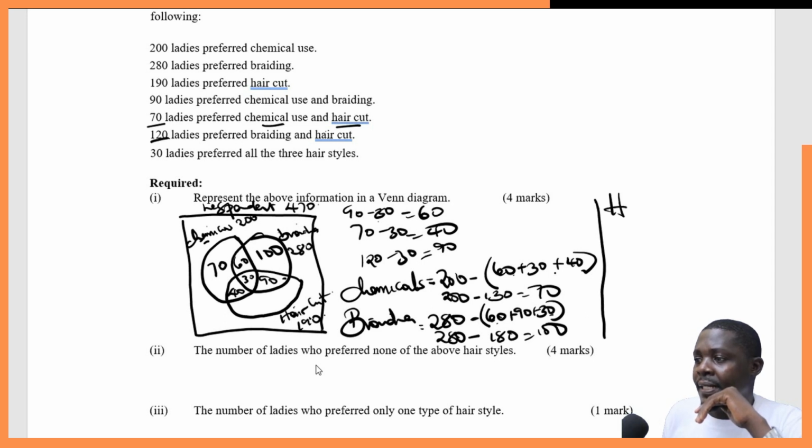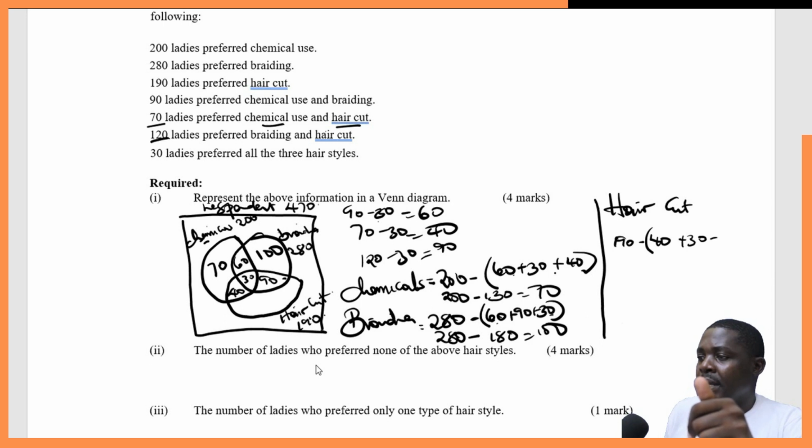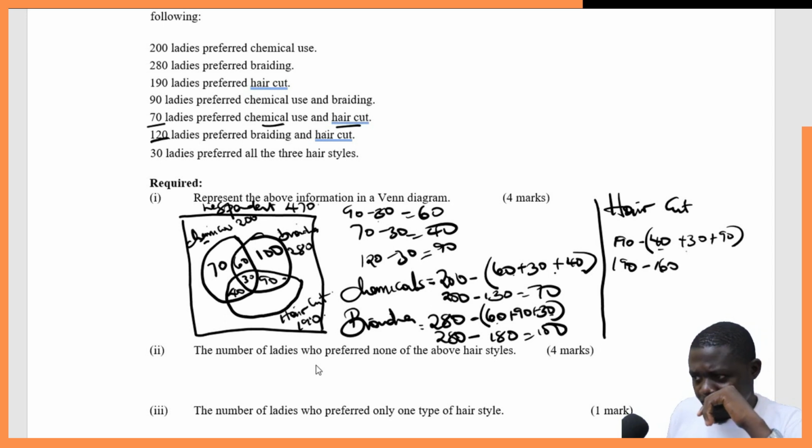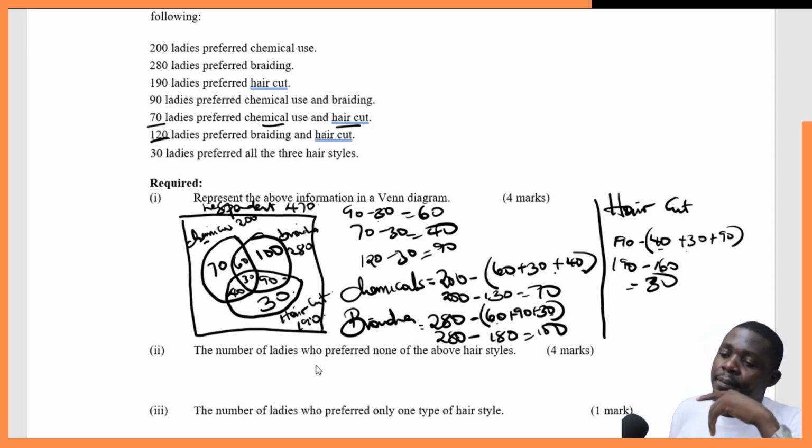Then haircut, we have 190. We minus 40, plus 30, plus 90, that is 160, so the difference is 30. 30 ladies preferred haircut only.